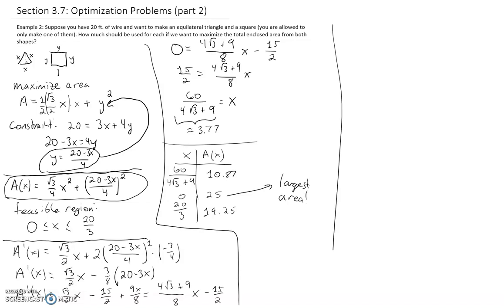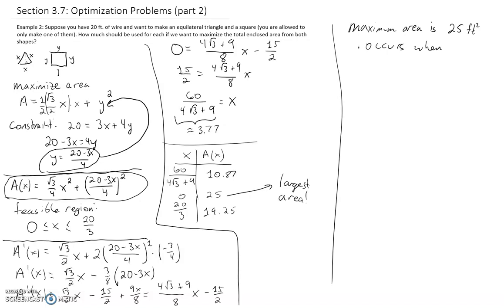If we now try to make sense of what this is saying, we see that the maximum area is 25 square feet, and this occurs when, in this case, x is equal to 0. That means we use none of our wire for the triangle and we use everything for the square.